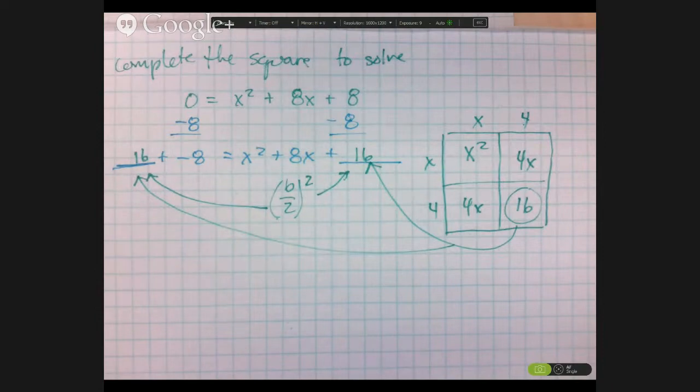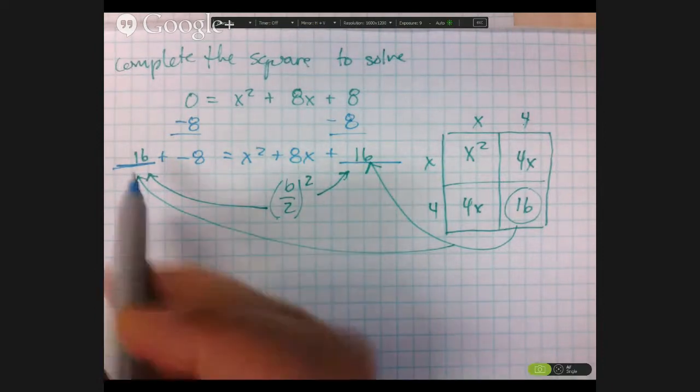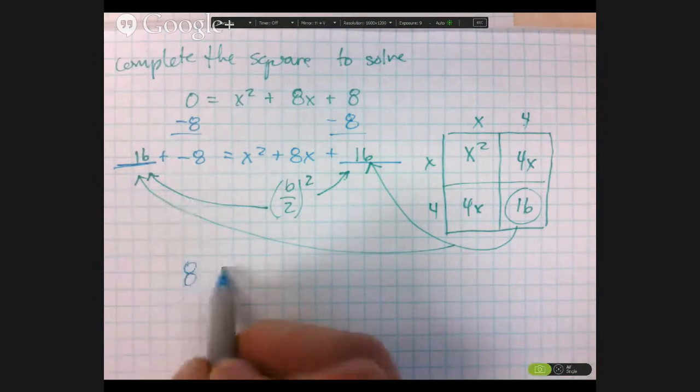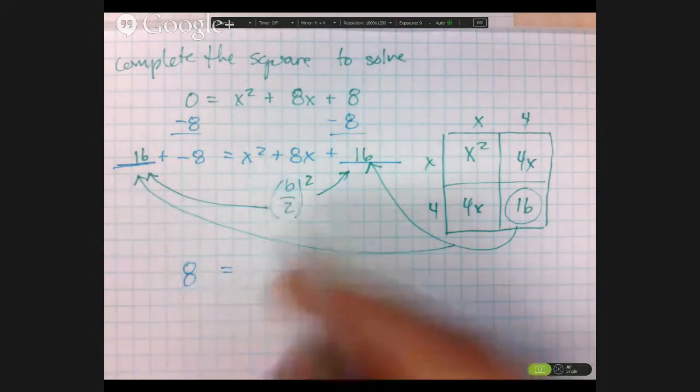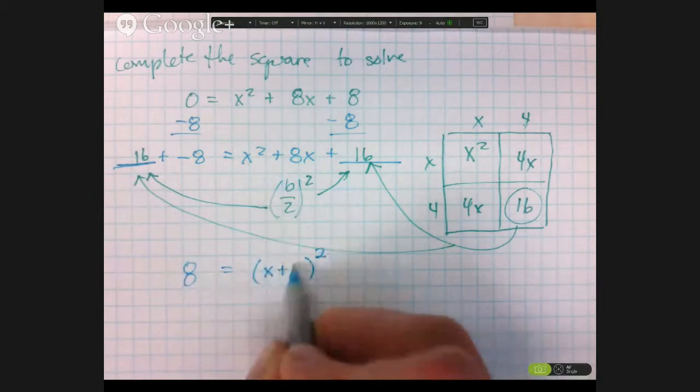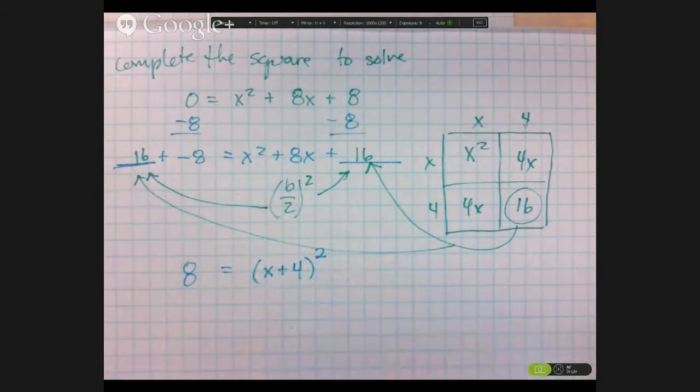All right, so our next step. Are you with me? Okay, what's the side total here? And I factor that to what? Yep. All right.